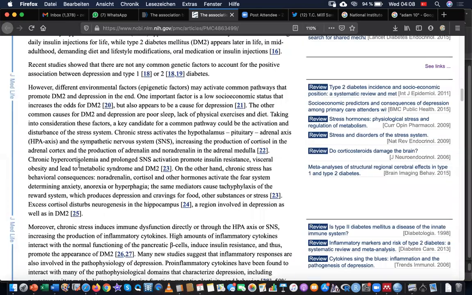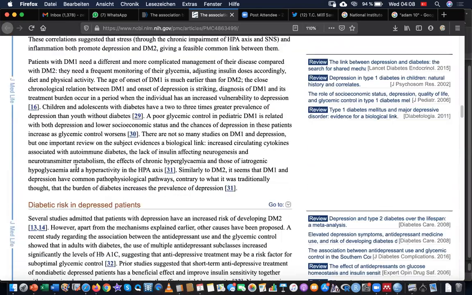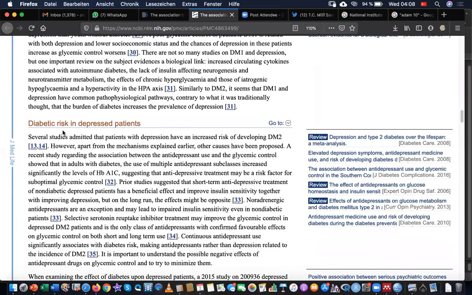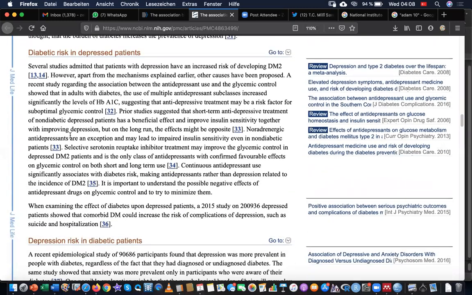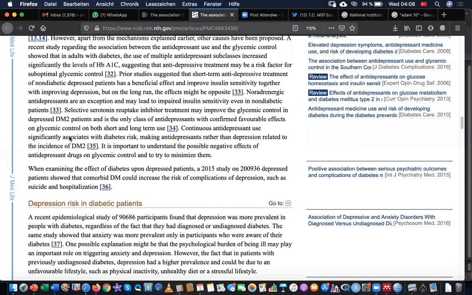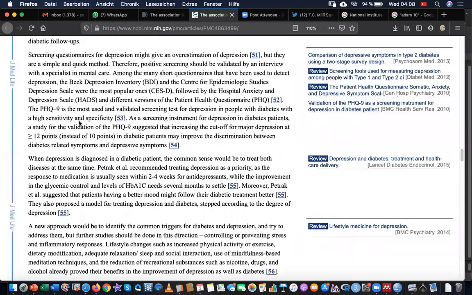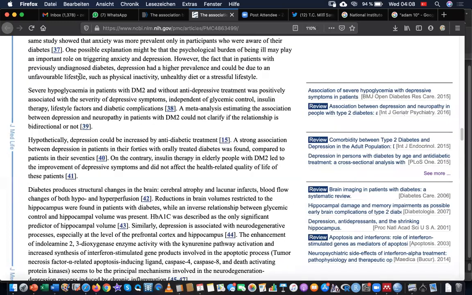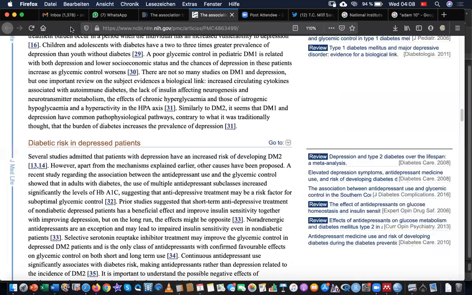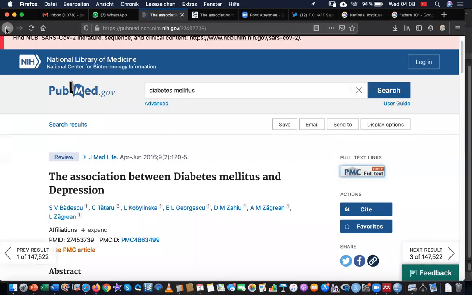Just reminding you about the structure of a paper. This is a review paper, sorry. We should have a research paper. Let me find the research paper, sorry, go back.